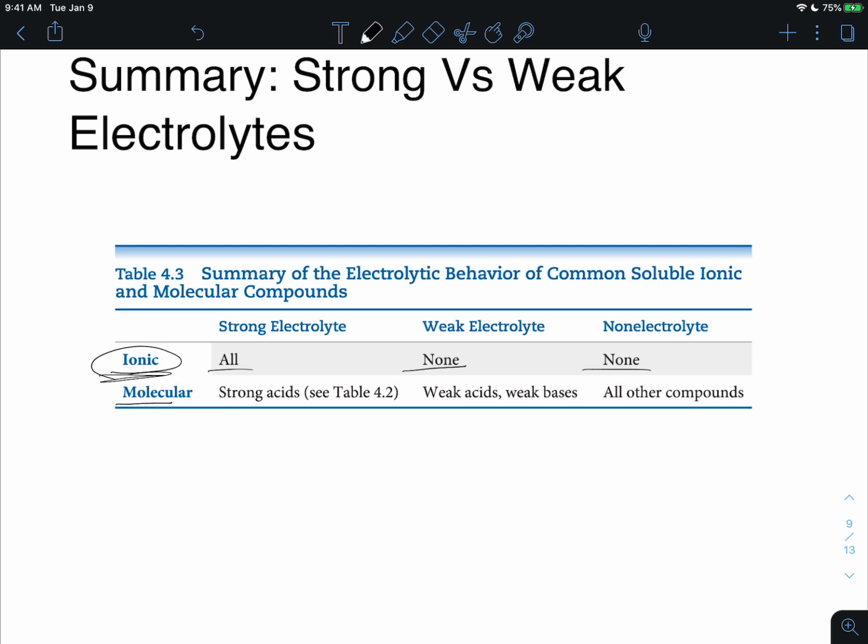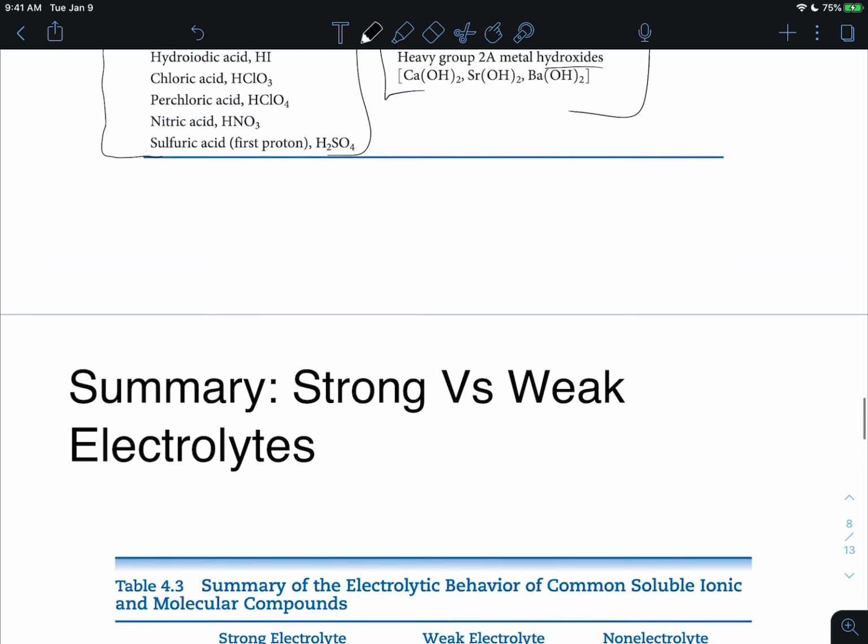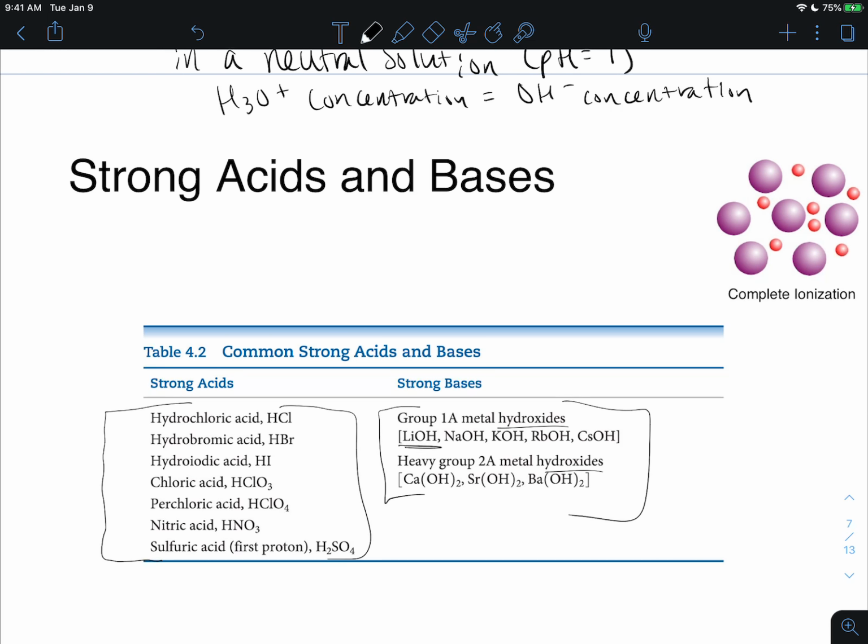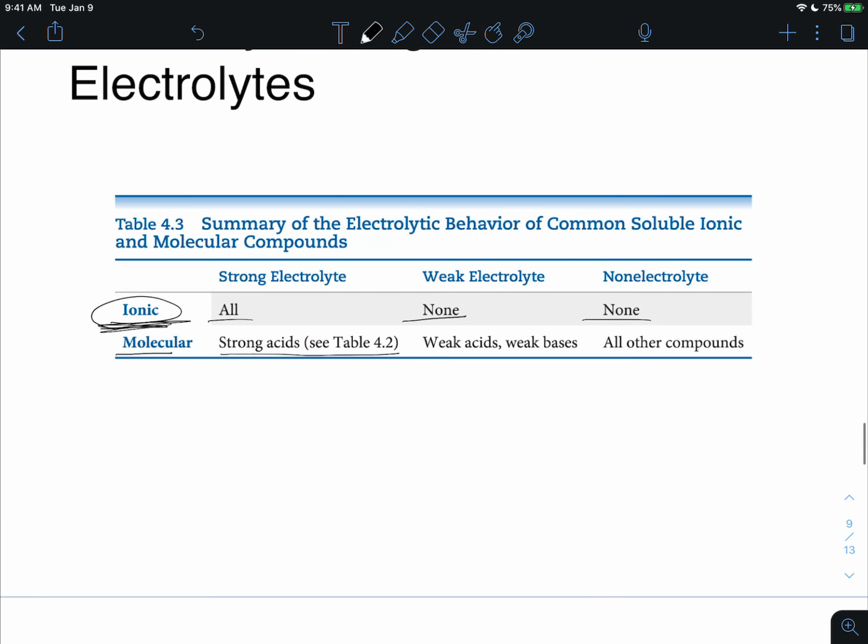If we're talking about molecular species, we have strong acids and strong bases, but our strong bases are under the ionic compounds because they are ionic species. Right? All of these are ionic species. We have a metal cation and a hydroxide anion. So this includes strong bases.